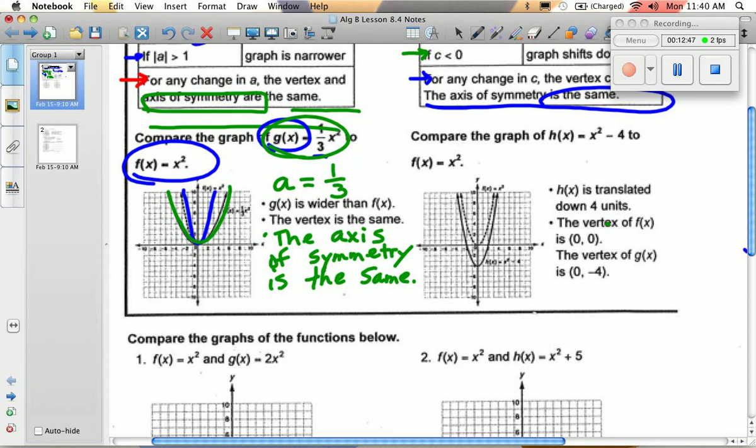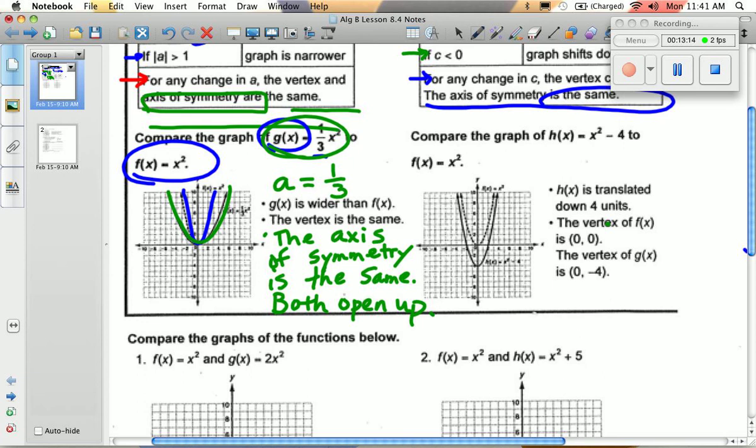Okay, and then we're going to add one more thing in there. We're going to say that both are going to open what? Up, yeah. So both open up. We're going to compare them that way too. So we're going to talk about everything that's going to happen by talking about the a and the c. Because the a was 1/3, that means it's positive. It's going to open up just like the parent function does.